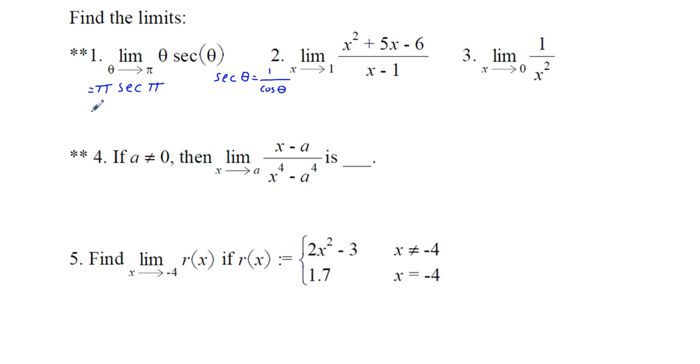So in this case, we're going to have pi times 1 over cosine pi.